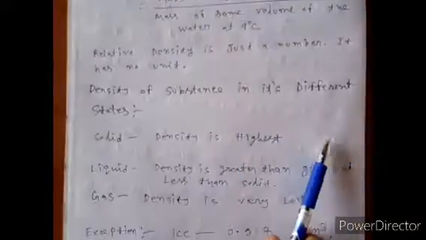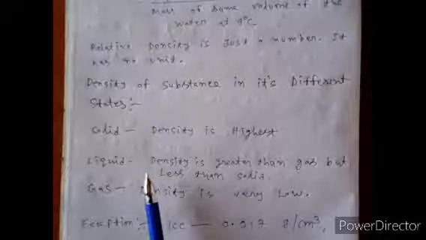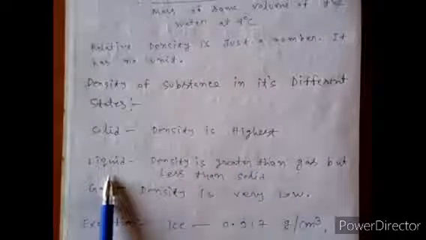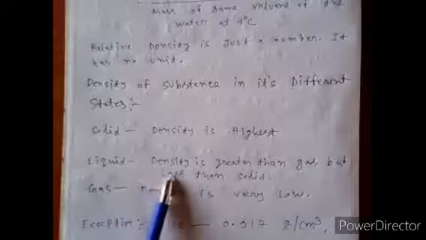Now, density of a substance. We know that there are 3 different states: solid, liquid and gas. In case of solid, the particles are very closely packed, so they have high density. In case of liquid, the density is greater than gas but less than solid. And in case of gas, the density is very low. Now there is an exception in case of water and ice.